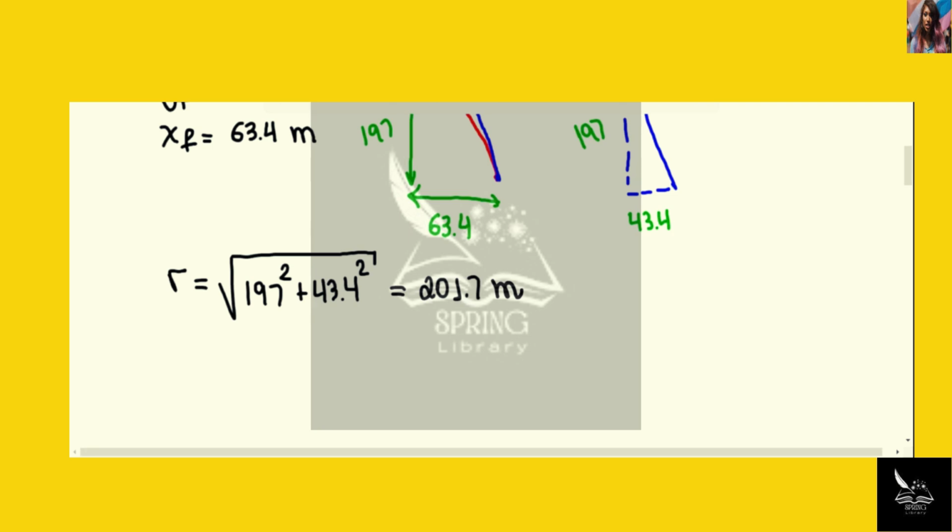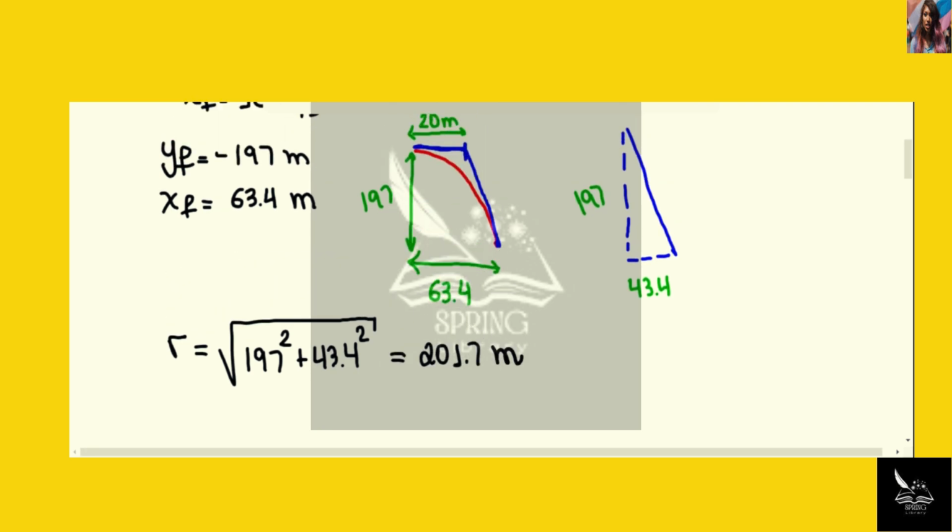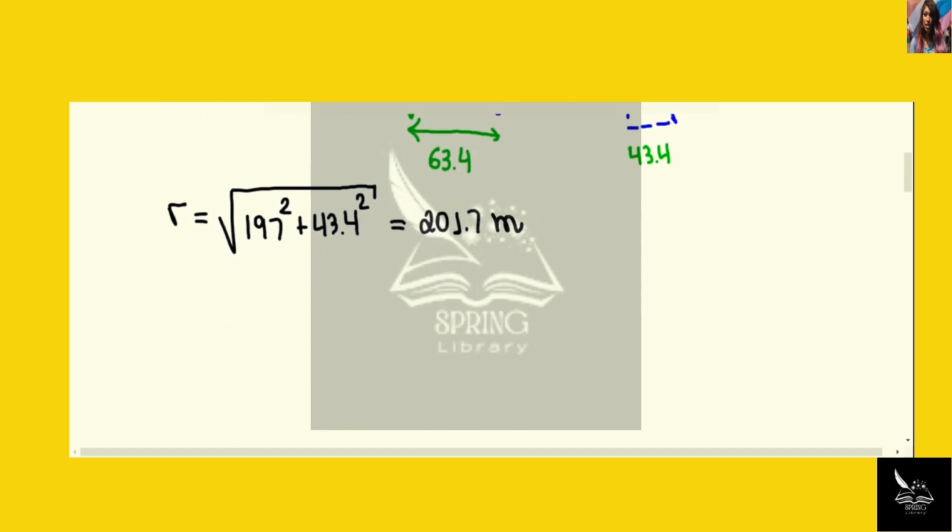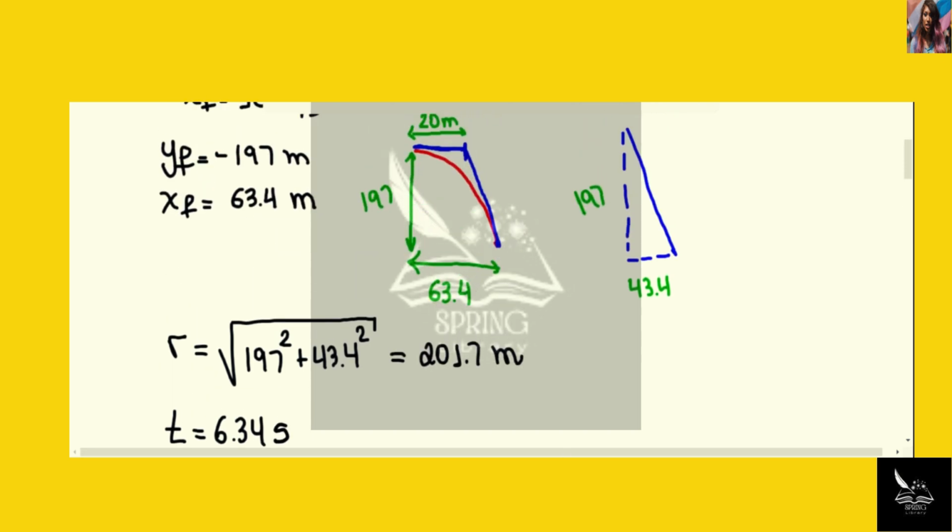We know how much time it took the hawk to go towards the rat, because we know how much time it took the rat to fall. The rat falls in 6.34 seconds, but the hawk only starts to dive after 2 seconds.